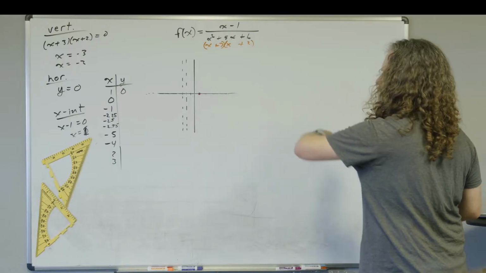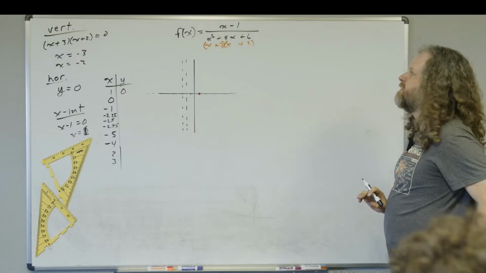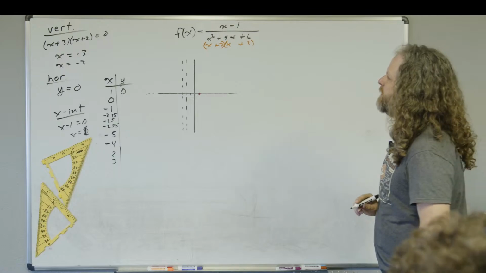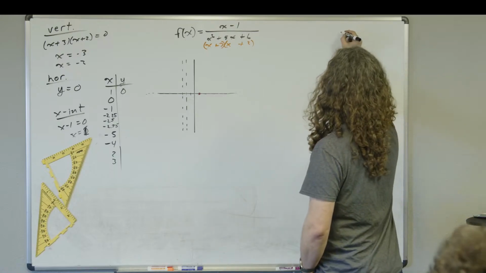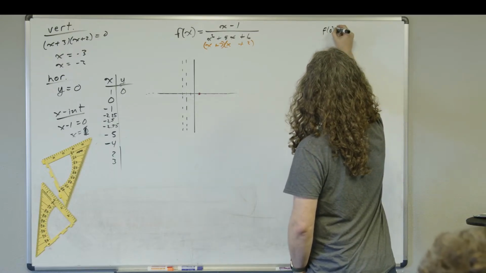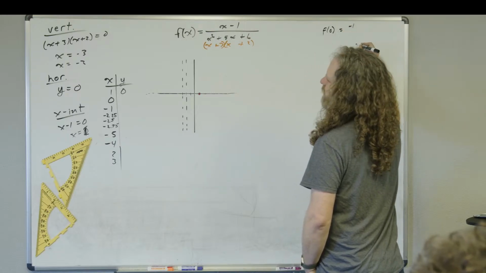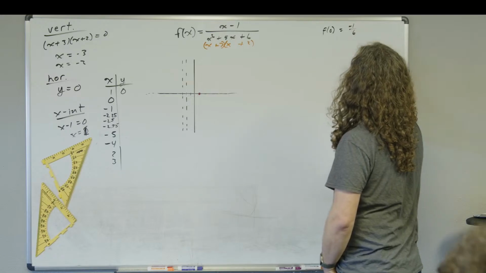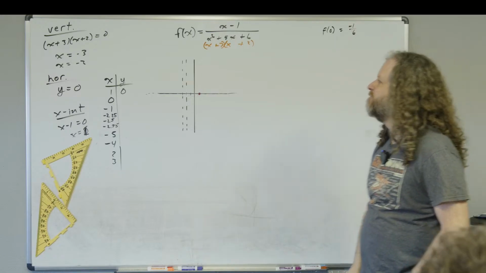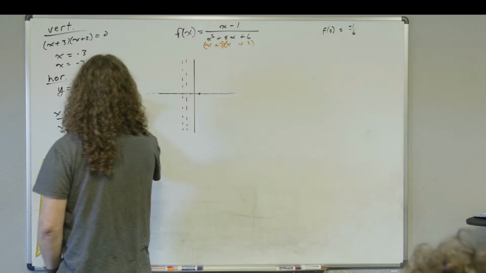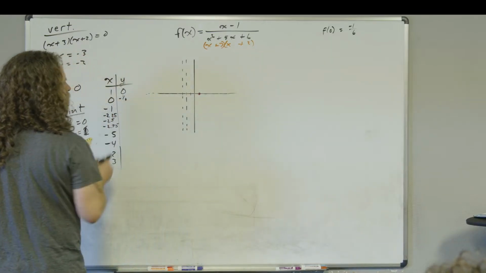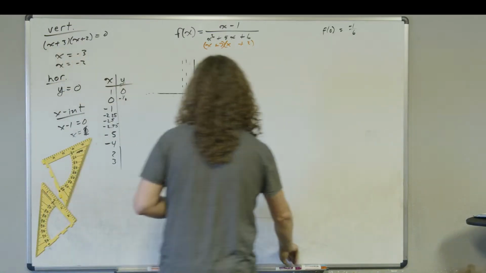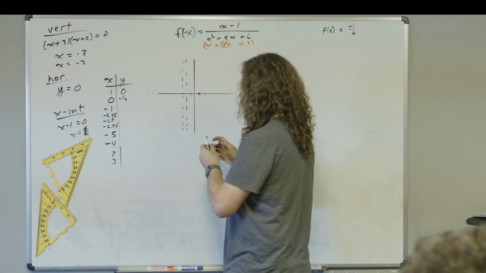Hey, we're doing good. All right, so we put a 0 in there. 0 minus 1 is -1. 0 squared is 0, plus 0 is 0, over 6. -1/6. So zero, -1/6.